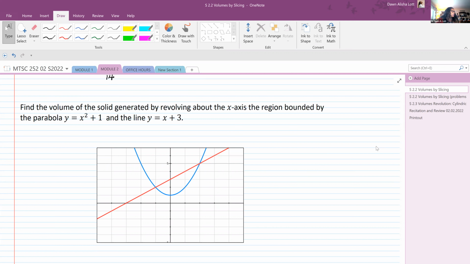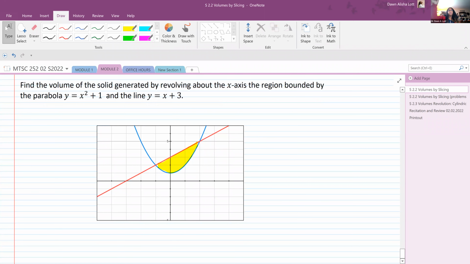All right, so it says we want to revolve the region bounded between the two. So that region is this region right here. So that region I want to revolve around the x-axis.